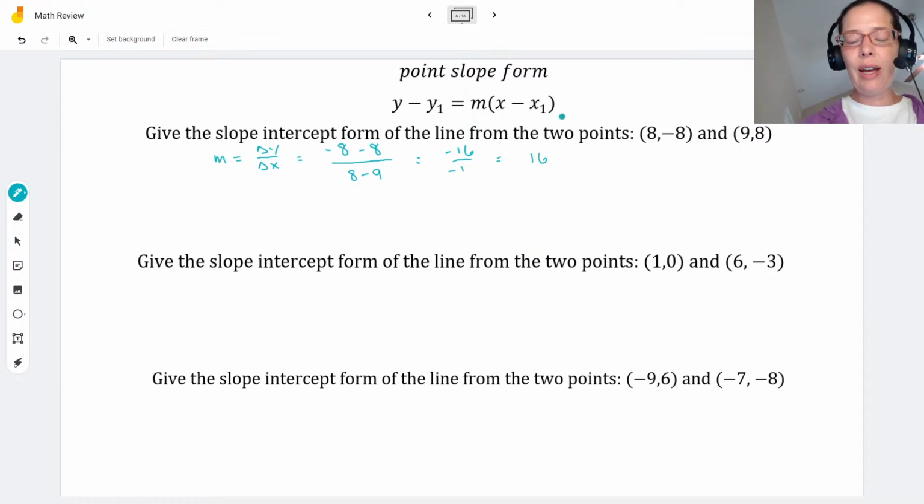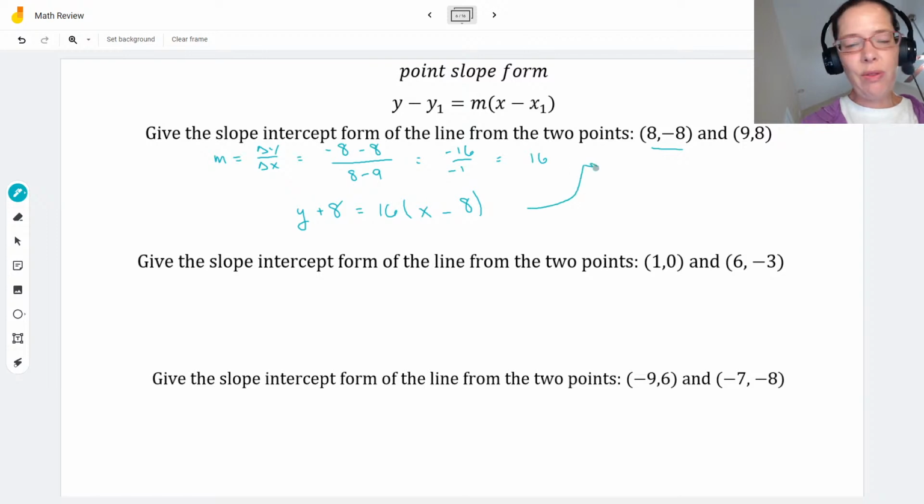All right, and now I have my point slope form. Let's use the first point. So we're going to have y plus 8, because this is a -8, and this is going to equal 16, which is our slope, times x minus 8, and now we just need to simplify.